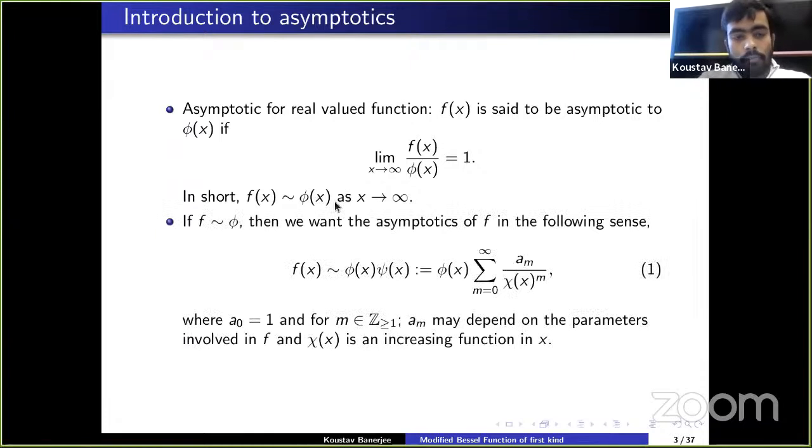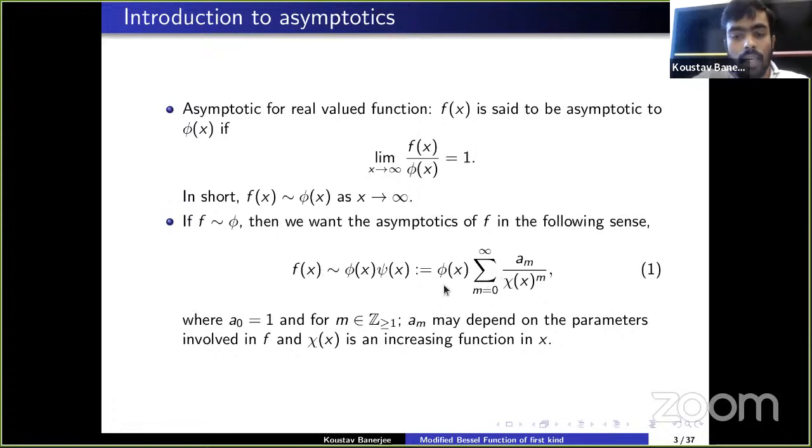And in short, if f is asymptotic to phi, which inevitably means f(x) is asymptotic to phi(x), then you want to know the asymptotics of f in the following sense, the full length asymptotic expansion. I say that f(x) is asymptotic to phi(x) times psi(x), where phi(x) contributes the major term, and psi(x) is like an error term, the sum over m from 0 to infinity of a_m divided by chi(x) to the m, where of course a_0 equals 1, because if we take the limit as x tends to infinity of f(x) over phi(x), a_0 is 1.